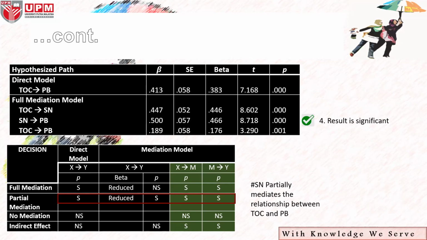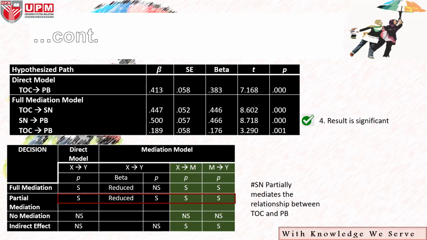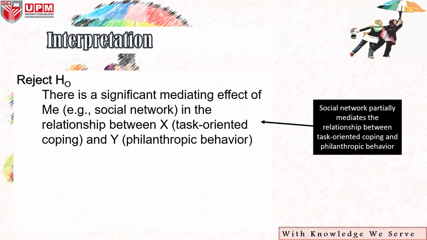Dua possibility tu. Okay? Sebenarnya full mediation, partial mediation ni we just add the flavor into our interpretation. Dia lagi cantik dan dapat menarik lagi. Okay? Any problem to read the finding from the table? Sebab saya dulu pun ada masalah untuk baca table ni. Okay, faham. Okay, good.